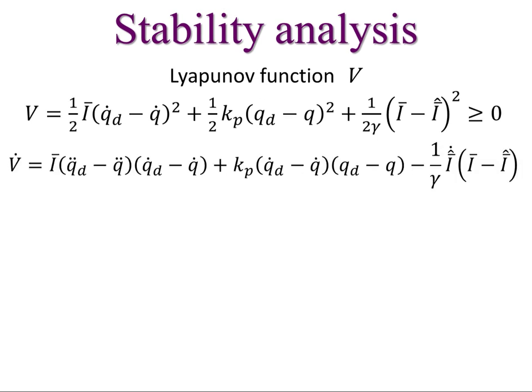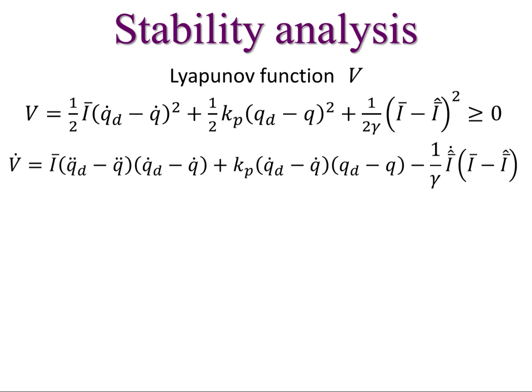Now let's differentiate V with respect to time t to see if the Lyapunov function V decreases. The differentiation of the first two terms is the same as for the computed torque method.